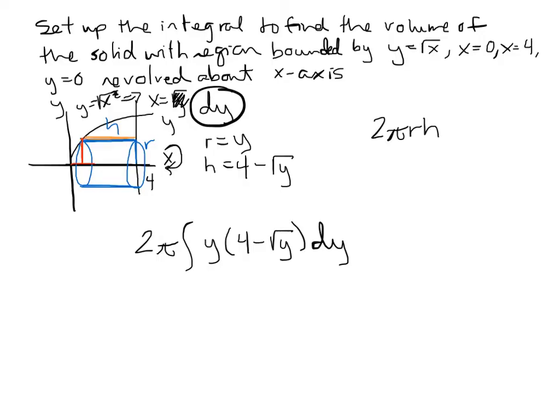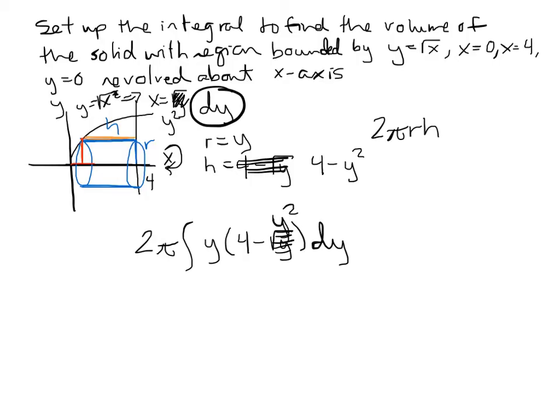So x equals y squared. And so the height is then 4 minus y squared.